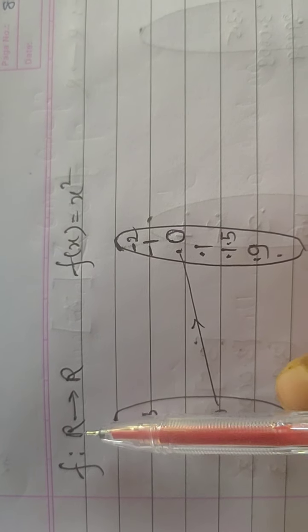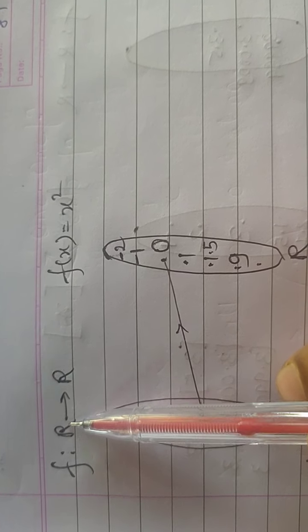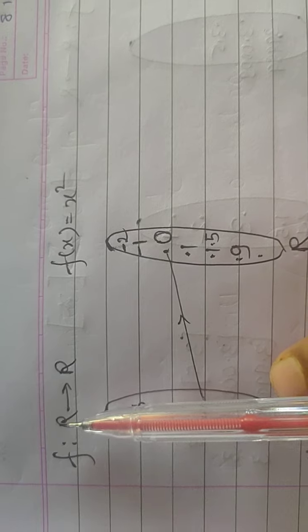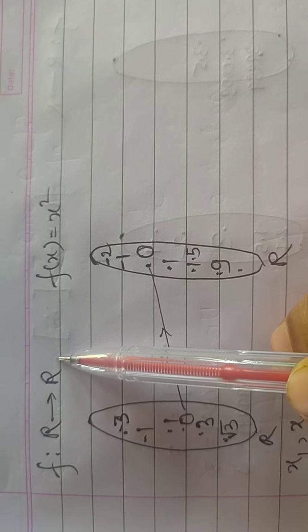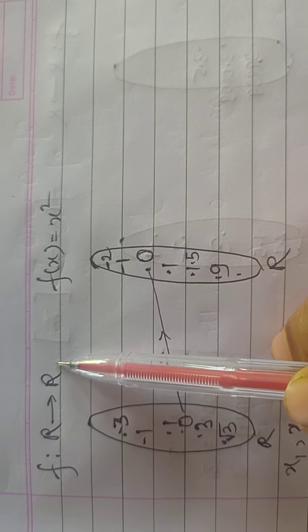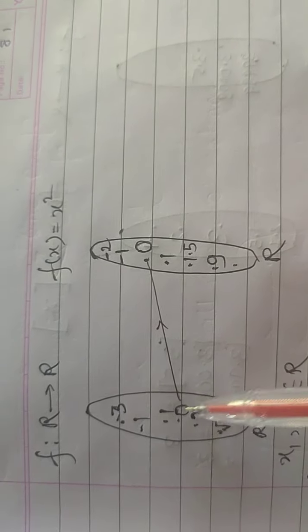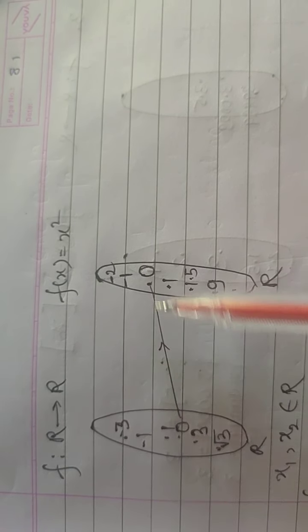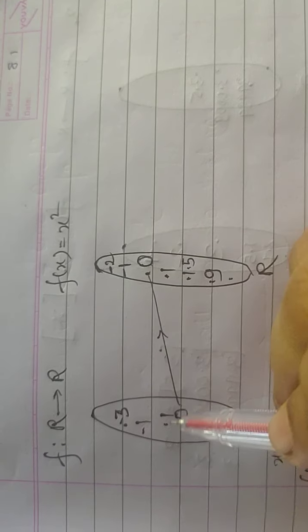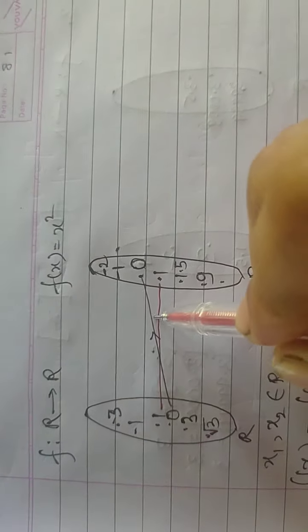Then in the third question, the function f is defined from R, the set of real numbers, to the set of real numbers. Domain is R and codomain is also R. Function f of x is x square. Now consider the domain elements. 0 is related to 0. 1 square is 1, so we can relate 1 to 1.